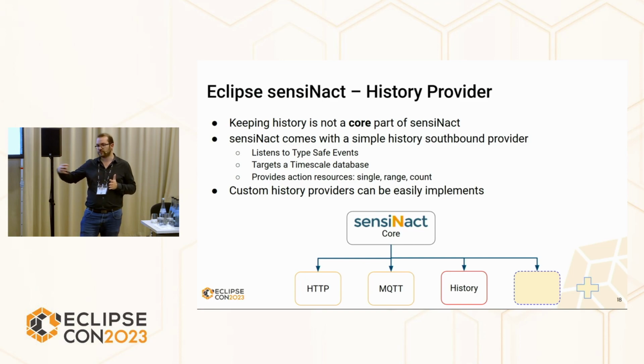It contains a lot of actions, resources, so you call them as functions. And it looks at the internal events of SensiNact to be notified of the new values of each resource. So it stores them like that, and you query them as a single query to a resource there.